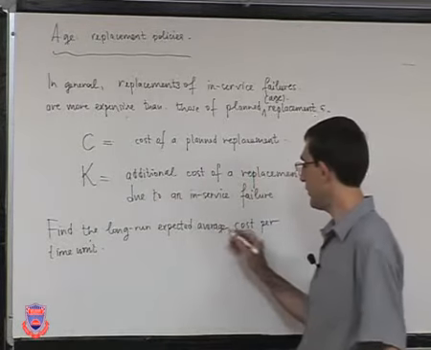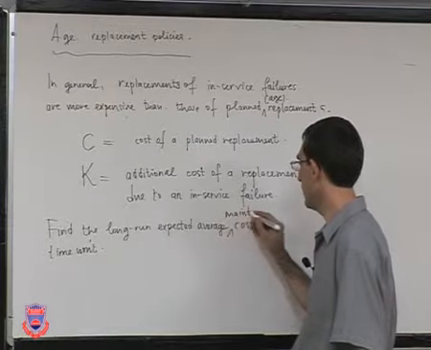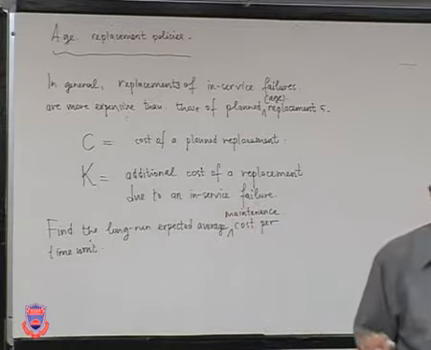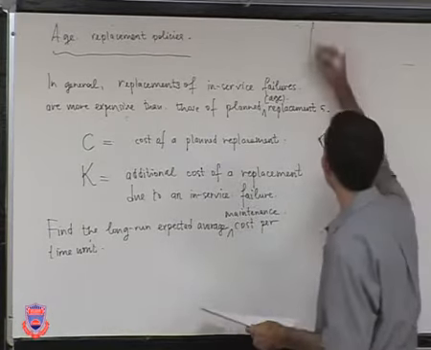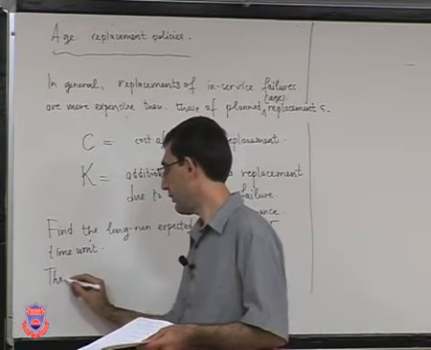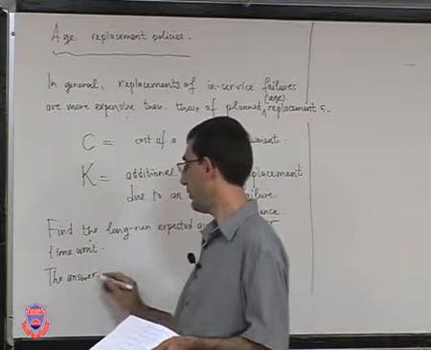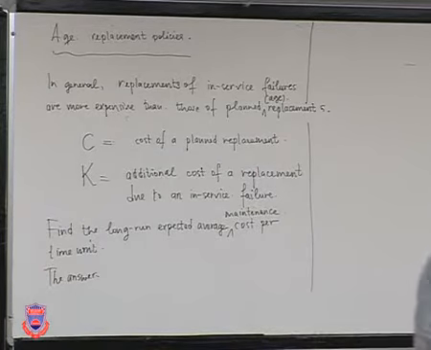Maybe we can be more specific: it's the expected average maintenance cost per time unit. So the answer that you should expect, what is that? Can somebody tell me? Can you guess? Using your intuition, I guess you should be able to spell out what the answer should be in this case.